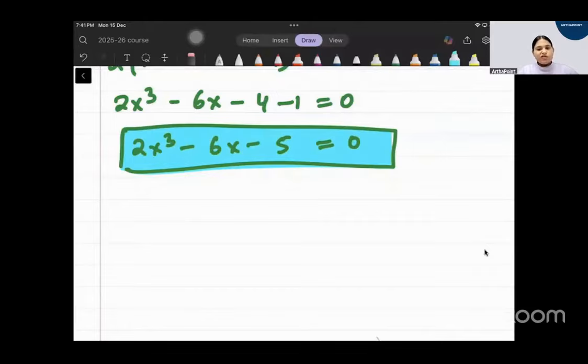Which x will solve this? Factorize it. Give me the values of x.